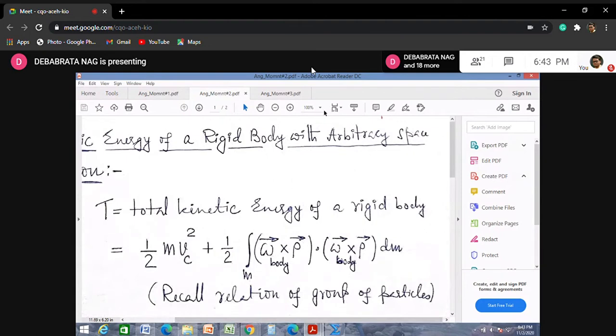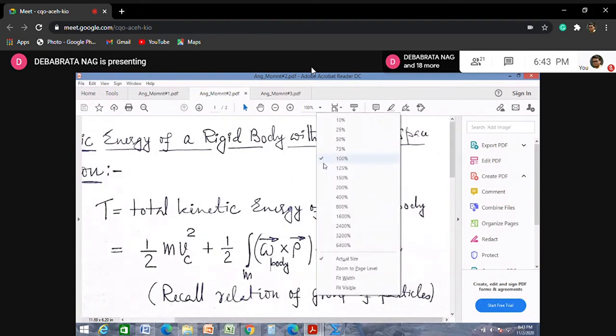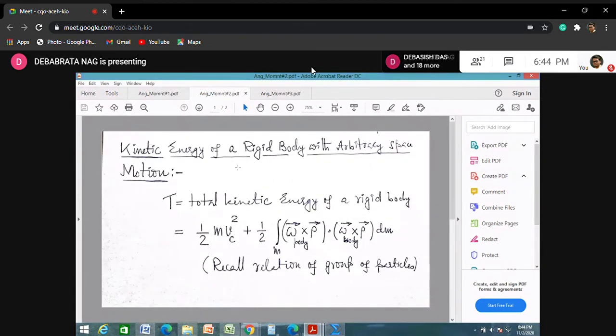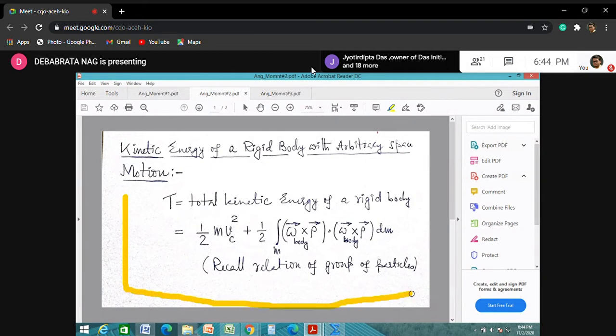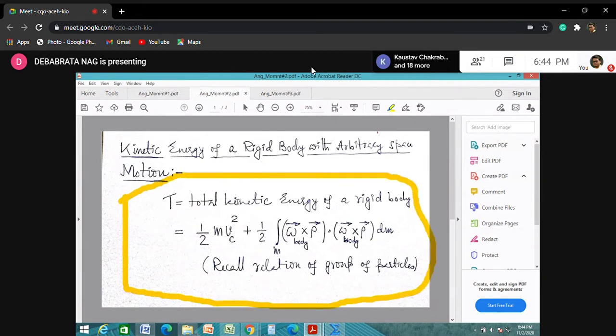So if we continue, in the case when we are talking about the kinetic energy of a rigid body with arbitrary space motion, we noted that the basic thing is actually related to your group of particles chapter, where you see the kinetic energy is broken up into two components.